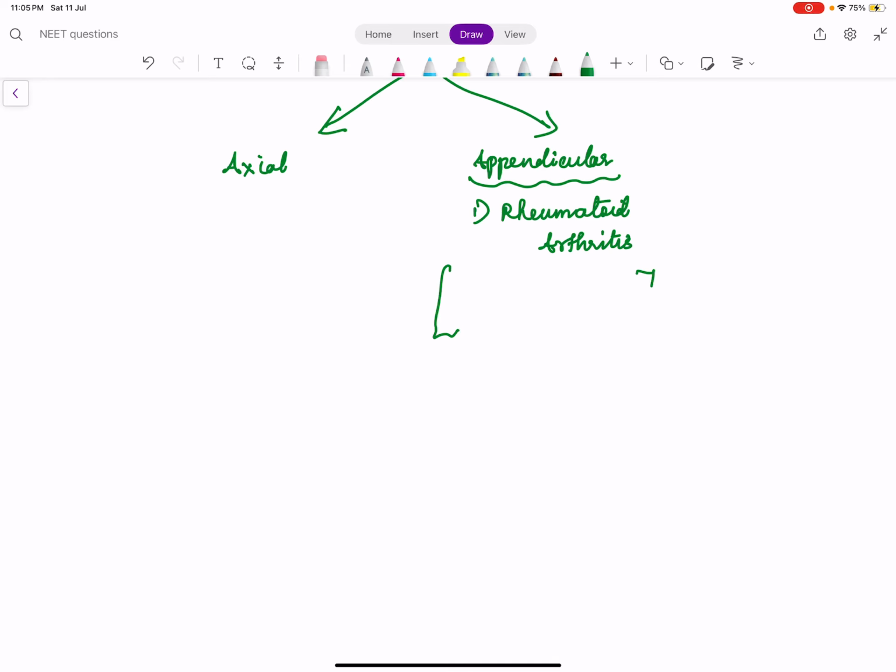So we discussed one question. It causes synovitis or pannus formation. Other clinical clues will be it's a polyarthritis. It can be associated with other diseases like interstitial lung disease. It can cause pleural effusion. So these are some of the clues.